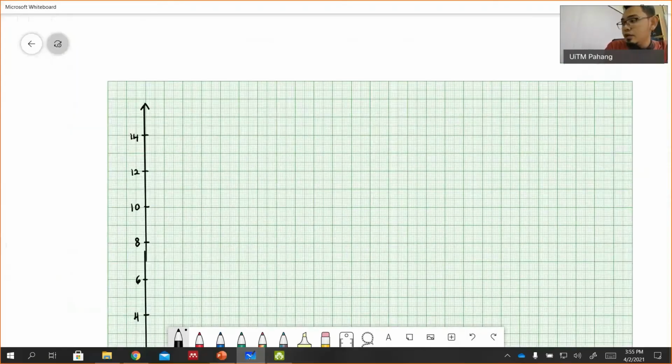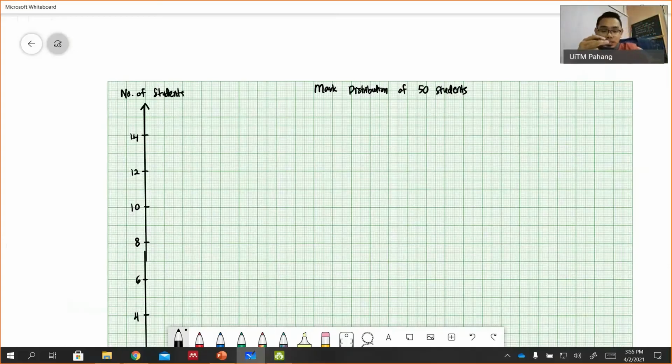And don't forget to write the histogram title, which in this case is the mark distribution of 50 students. Look at your question: if it is in the final exam, then it is for the final exam; if it is in the task, then it is for the task.